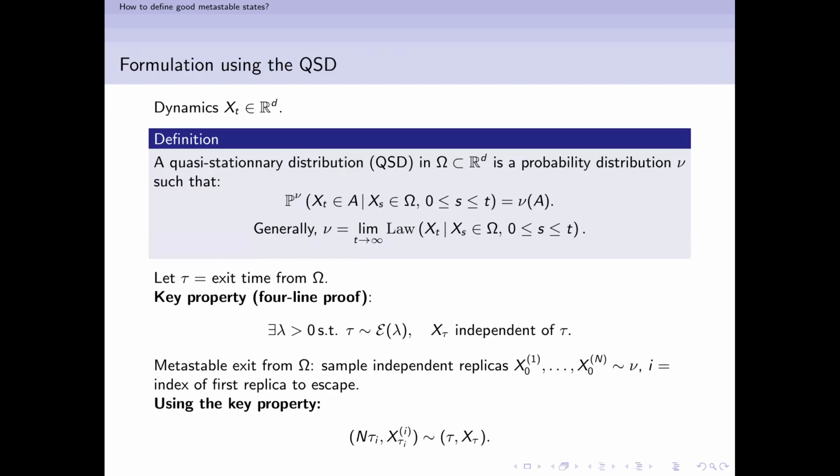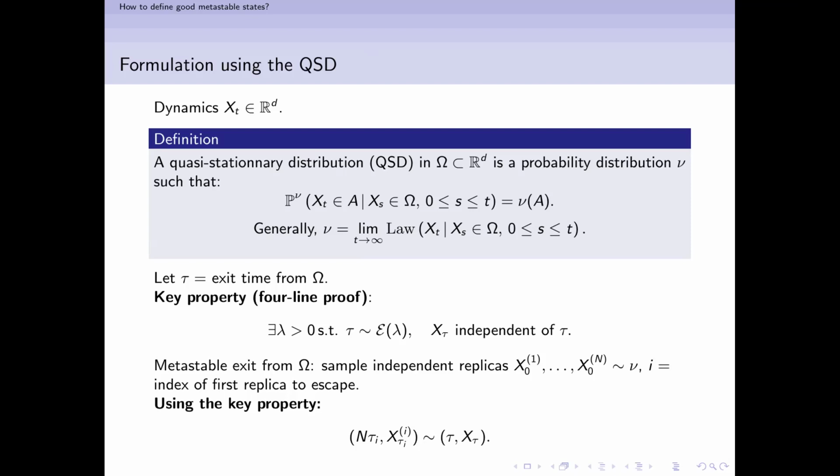It's with the idea of the quasi-stationary distribution. Here we have this dynamics X_t, which lives in R^d configuration space. What is a QSD? It's a probability distribution on omega, the metastable state, which verifies the following condition.